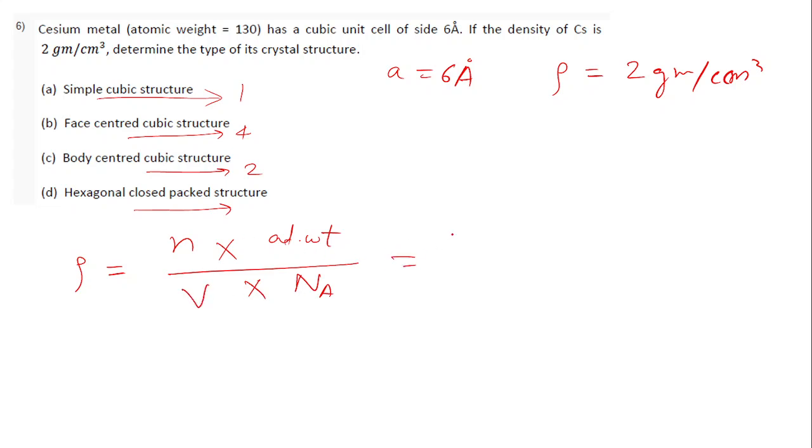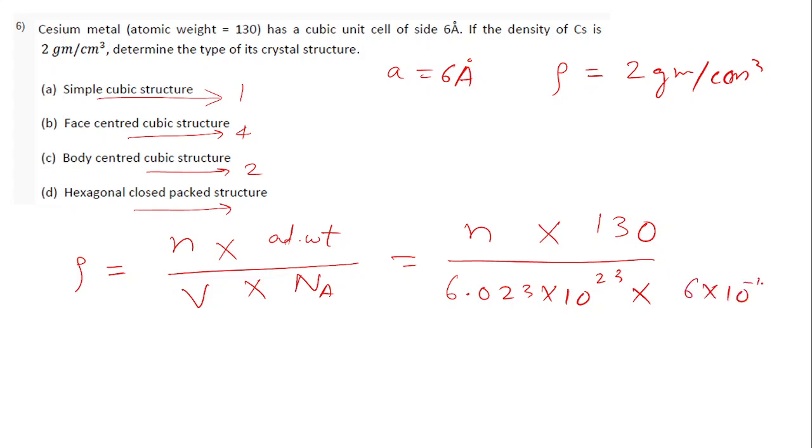When we put these things, number of atoms per unit cell we have to find out, and atomic weight is given, which is 130, divided by Avogadro number, which is 6.023 times 10 to the power 23, and the volume A cube, A is 6 angstrom, so 6 times 10 to the power minus 10 whole cube.